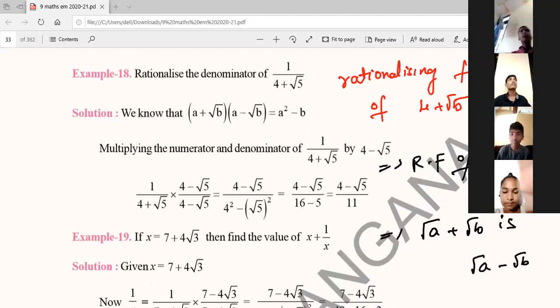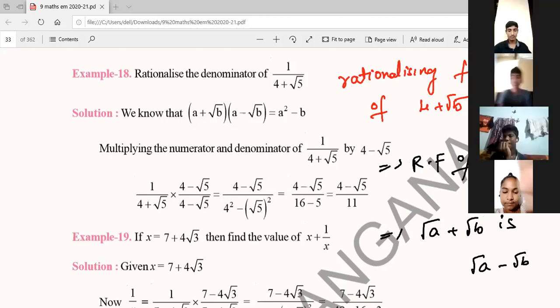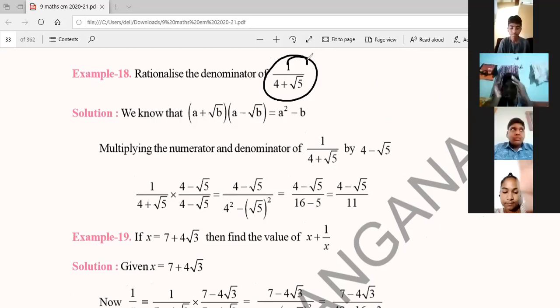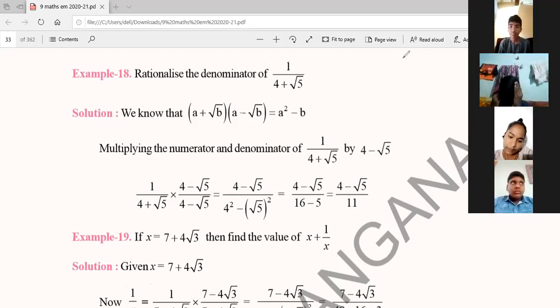Now in this problem, we are rationalizing the denominator. What is the denominator? 4 plus root 5. Its rationalizing factor is 4 minus root 5. So multiply the numerator and denominator by 4 minus root 5. We are converting the irrational denominator into a rational number.